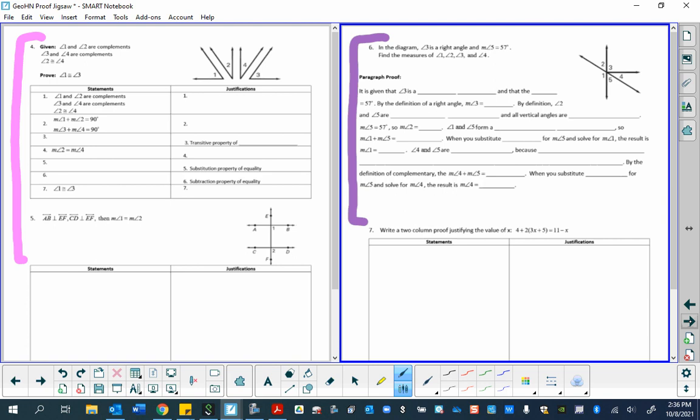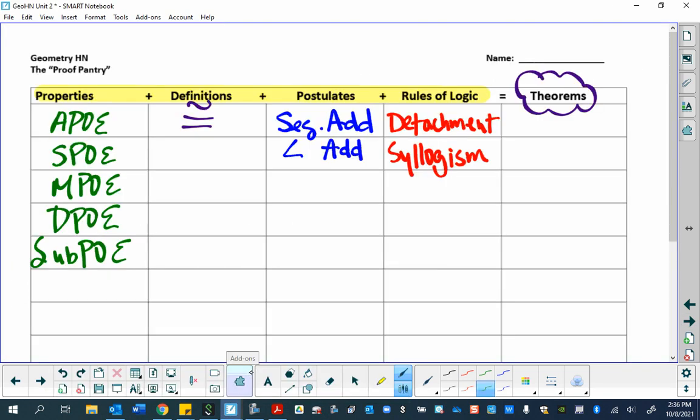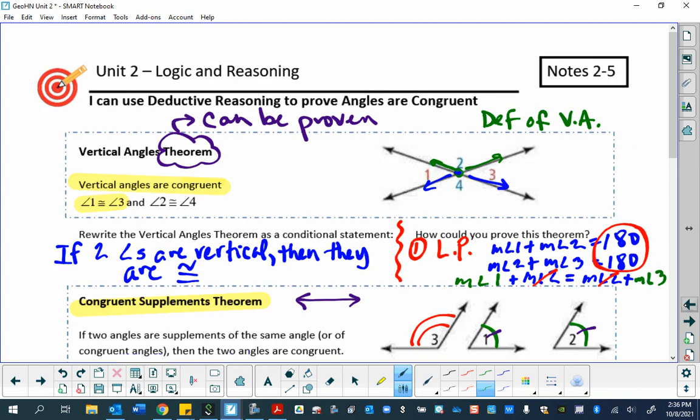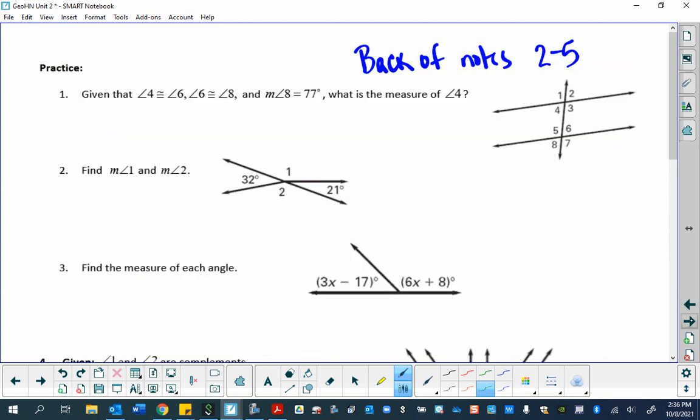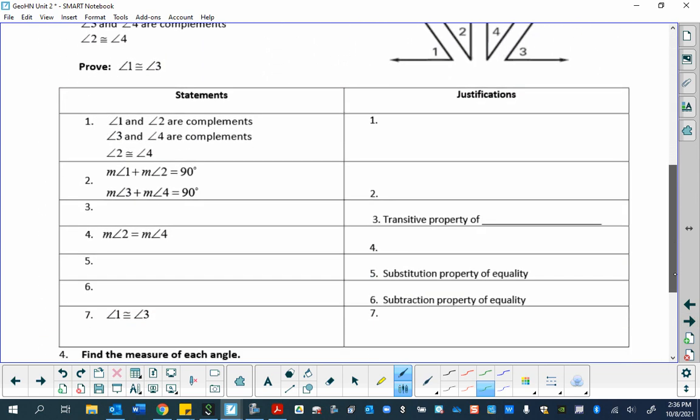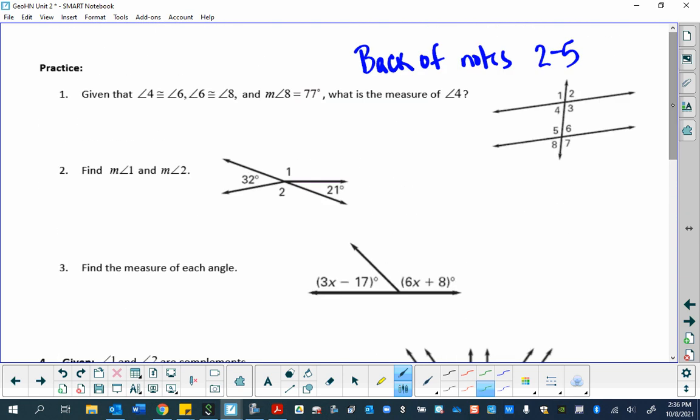Okay. So let me go over with you what your homework is for tonight, so we are on the same page with that. The back of notes 2-5 has some angle conversations, and it has a proof. That is homework. So the back of notes 2-5 is homework.